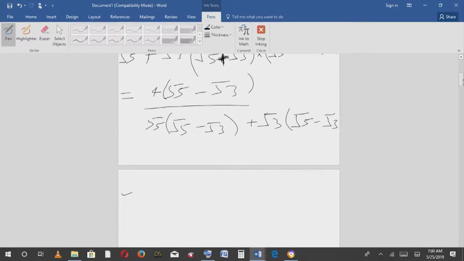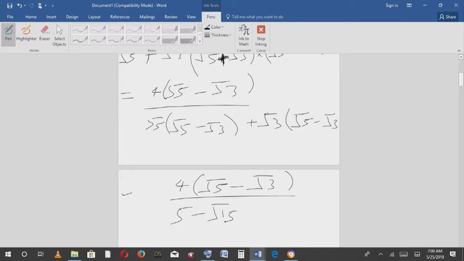If we evaluate further, we are going to have 4 into the root of 5 minus the root of 3, all upon. Now we are going to multiply. Root 5 multiplied by root 5 gives us 5. Then root 5 multiplied by minus root 3 gives us minus root 15.